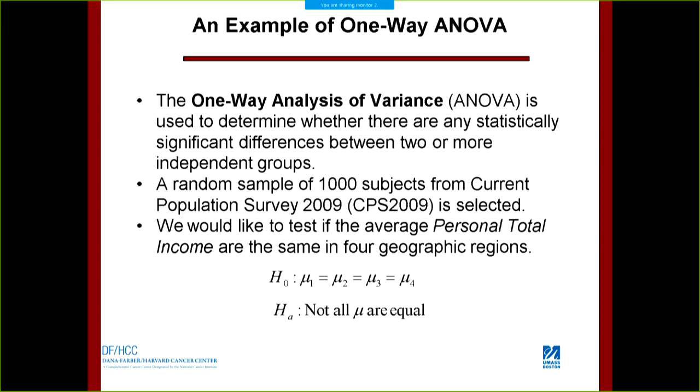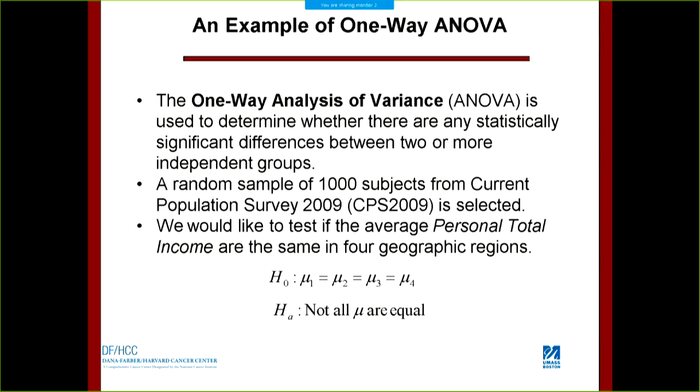Again, the null hypothesis is that all four geographic regions have the same average personal total income. There are two variables, personal total income and family income, and we are going to test the personal total income.